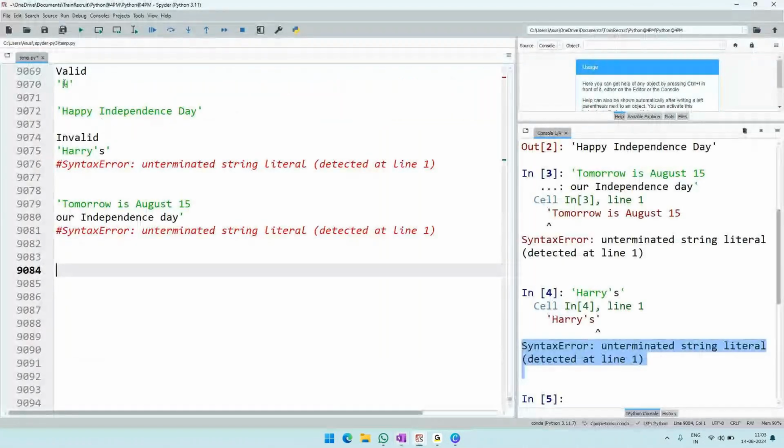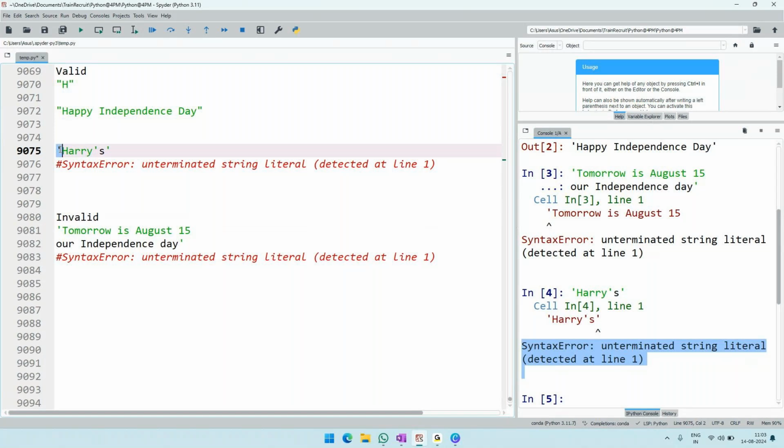So this is valid, and this is also valid, and this also is valid.